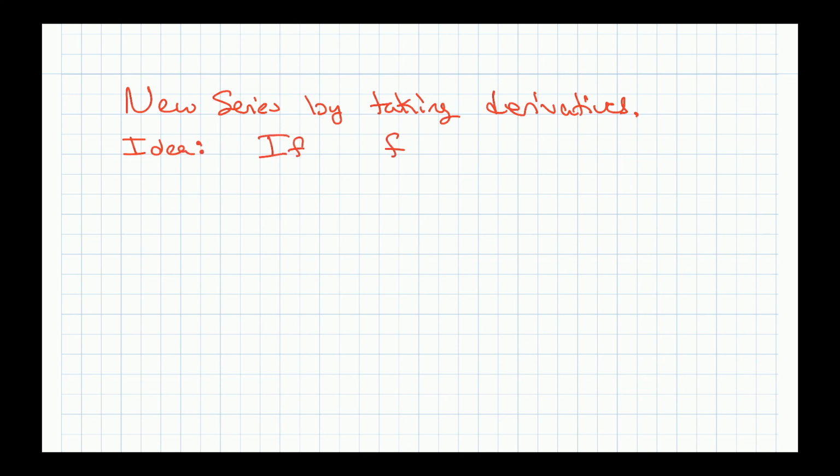If you have f of x and it's some kind of power series, I'm not even going to write it as a complicated series here, with a formula. If you have that, just take the derivative of both sides.